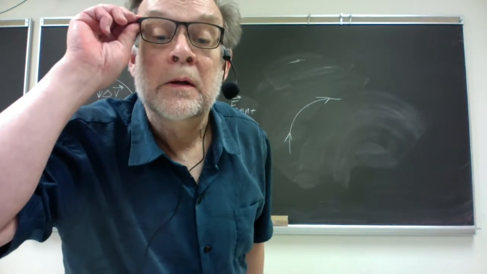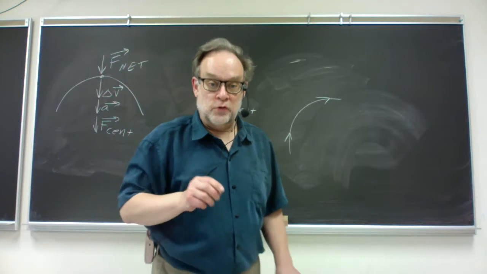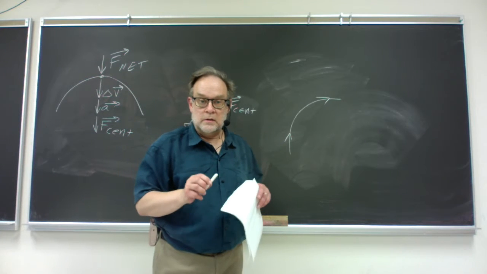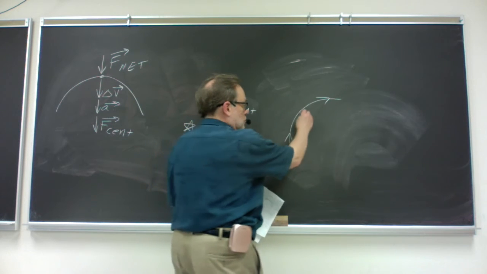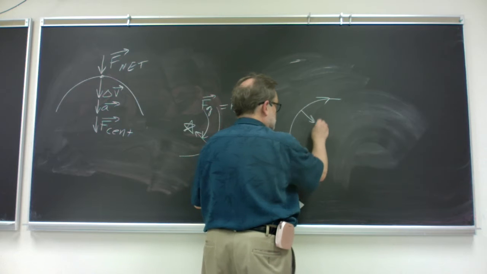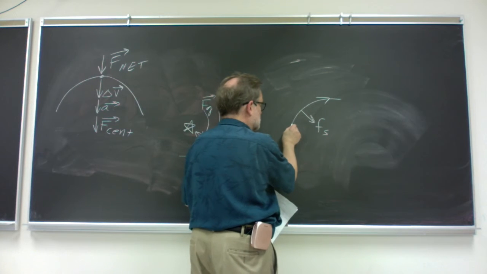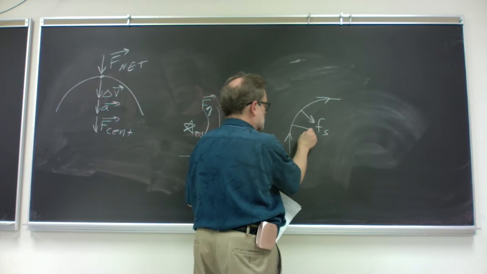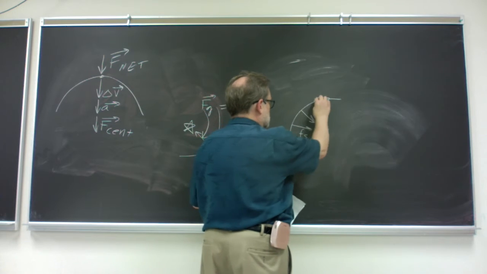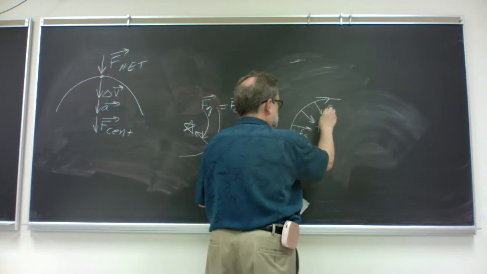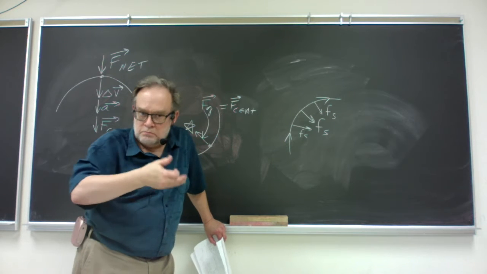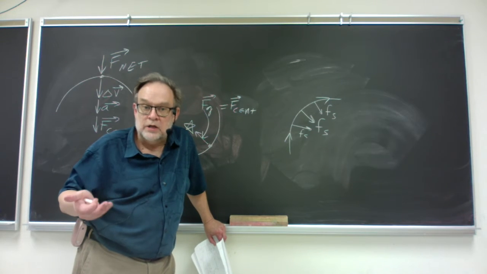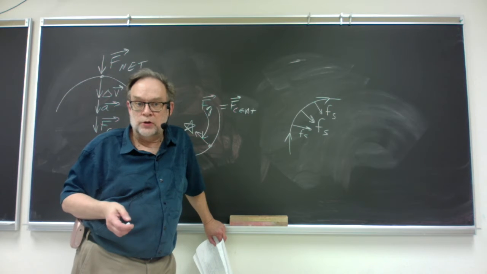So in this case, static friction is supplying the centripetal force. Static friction is the force that's pointing in towards the center of the circular path so as to push your car into a circular path.